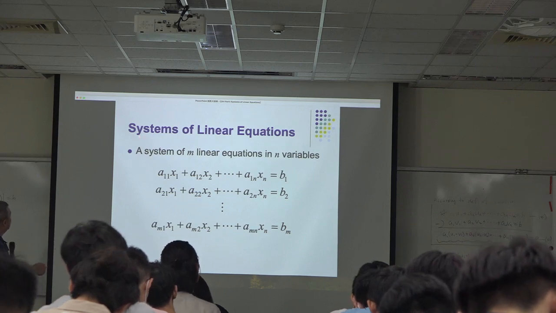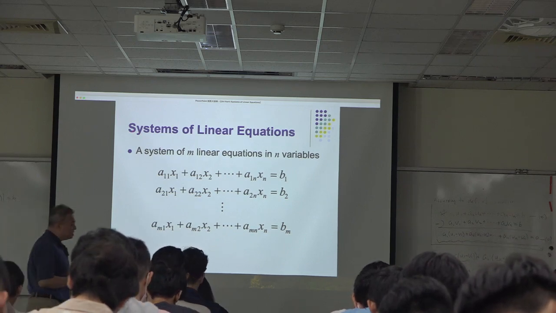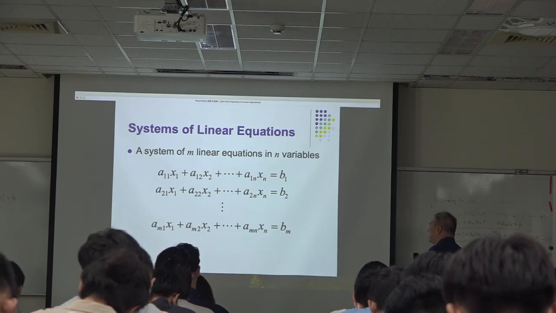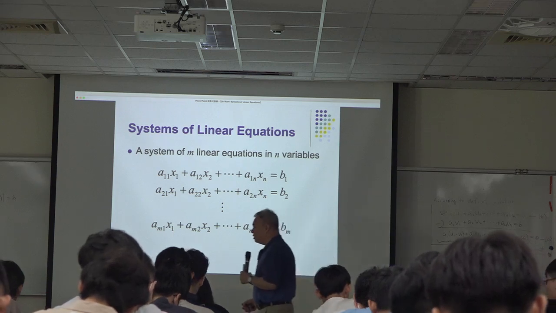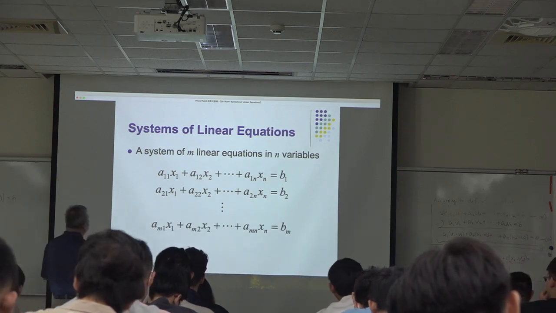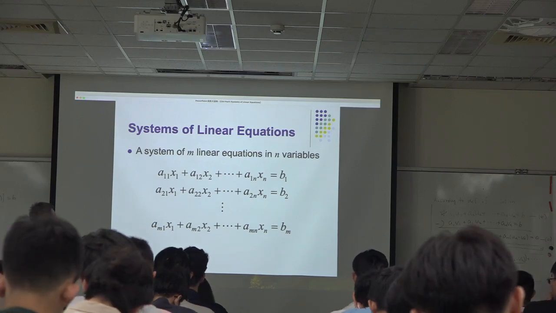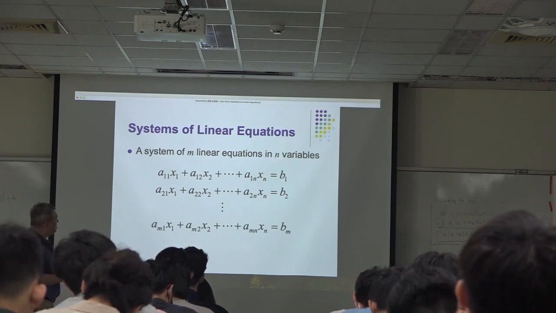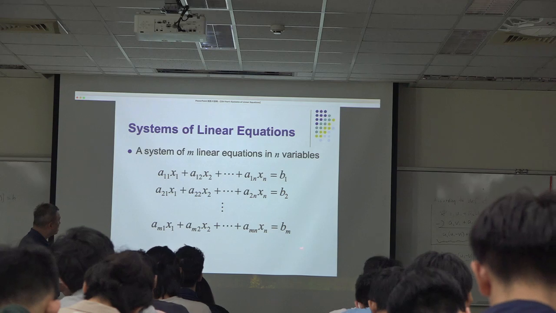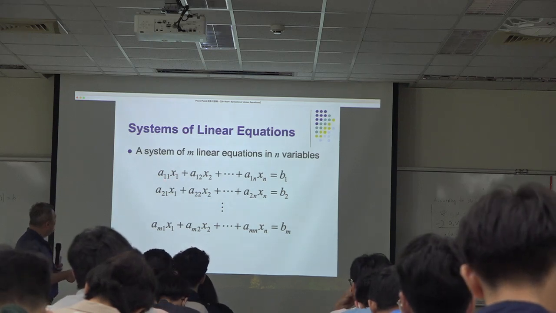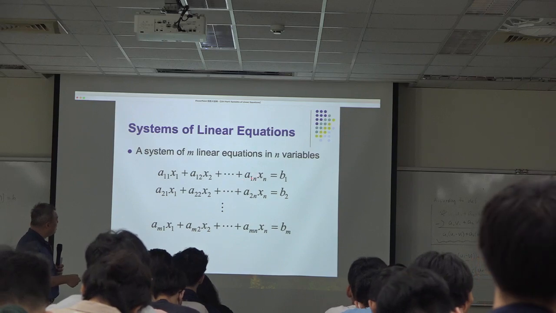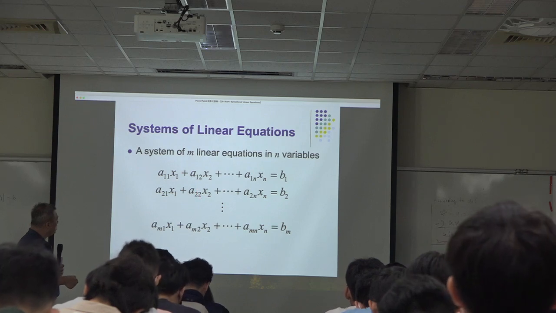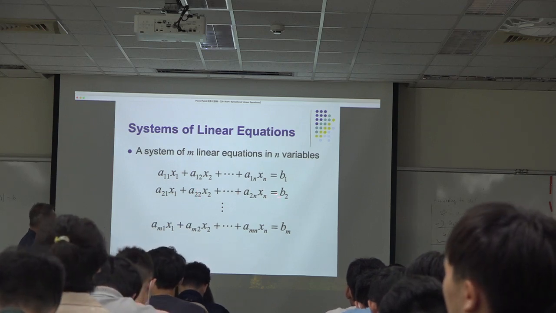So now we are done with a single linear equation, and it is very easy to understand what a system of linear equations is. Basically, a system of m linear equations in n variables is like this. You can see a11 x1 plus a12 x2 plus and so on plus a1n xn equal to b1. a21 x1 plus a22 x2 plus and so on plus a2n xn equal to b2.